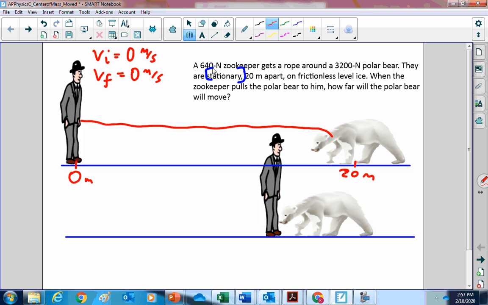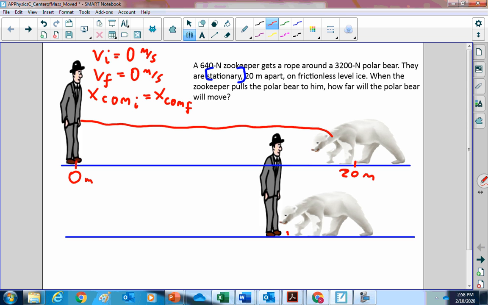And that means that the center of mass initial is going to be in the same spot as the center of mass final. So all I need to do here is solve for the initial center of mass, and I will know that the final center of mass is the same spot. And what they're really asking for here is when the zookeeper pulls the polar bear to him, how far will the polar bear have moved?